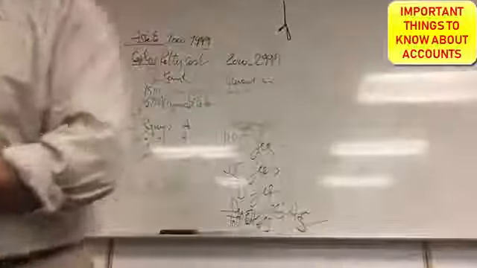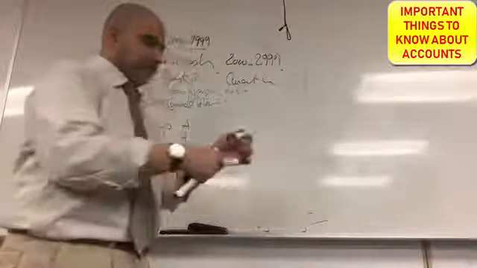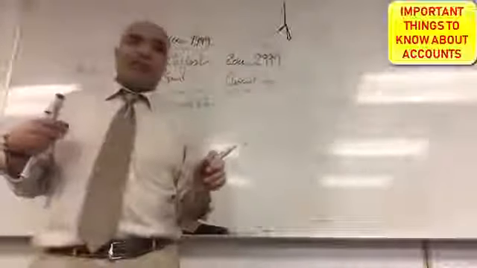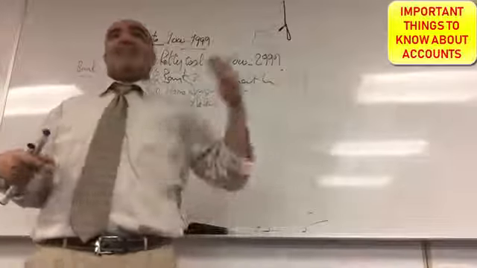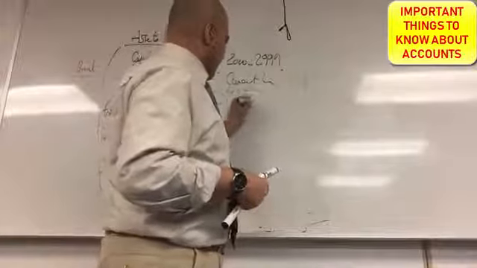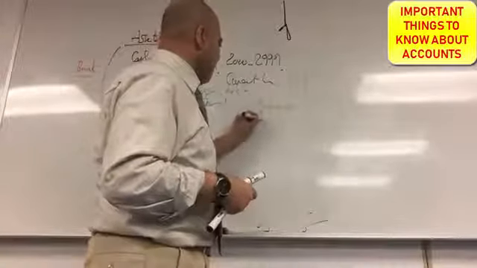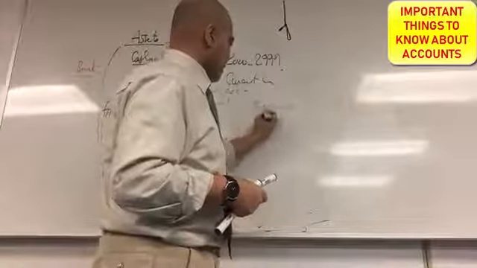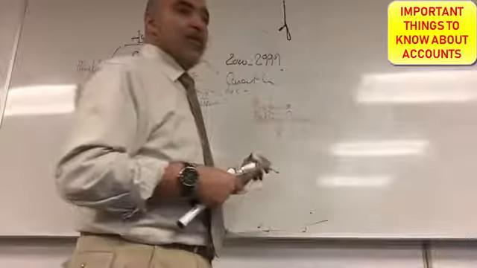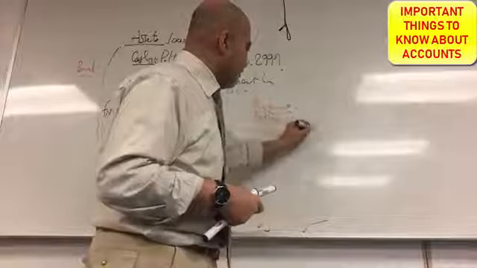Another example in the revenue category. For a company that buys computer equipment and sells computer equipment. This is the revenue category. We have desktop computer, laptop computer.